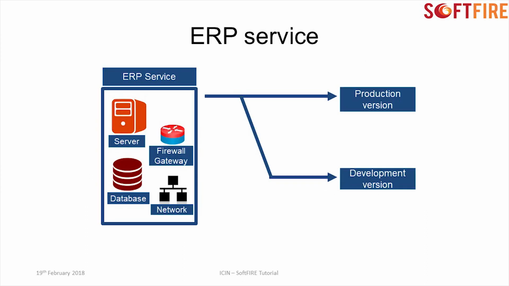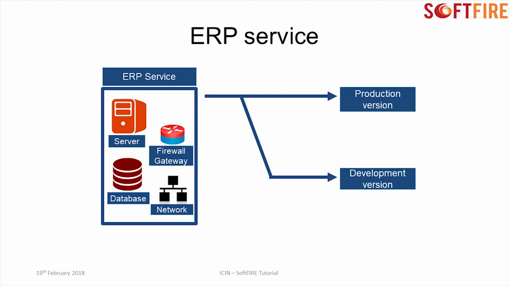From this specification we can determine what physical components we need in order to implement that service. From the left picture we can see the server for the front end and another server that will deploy the database backend.